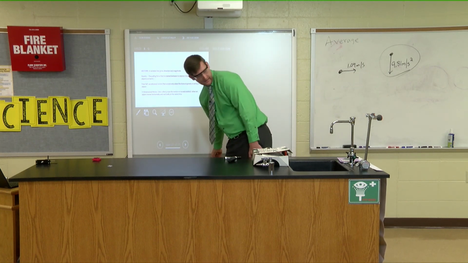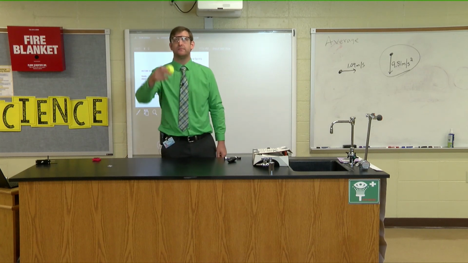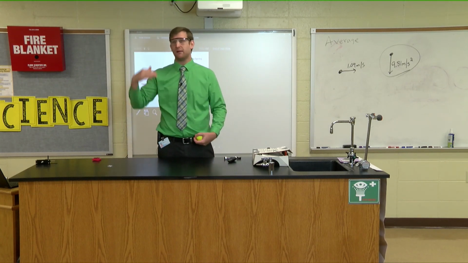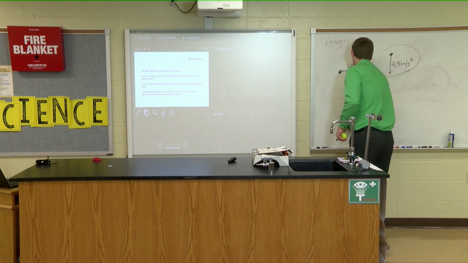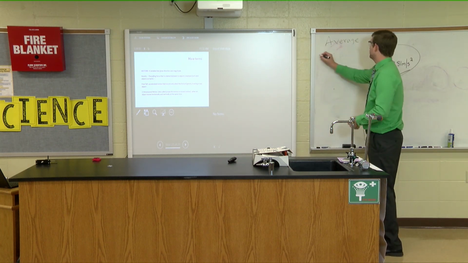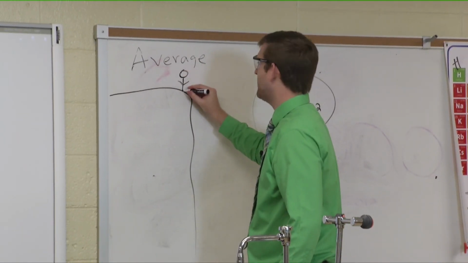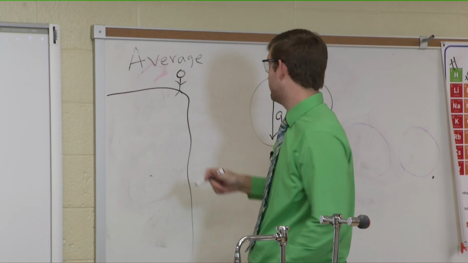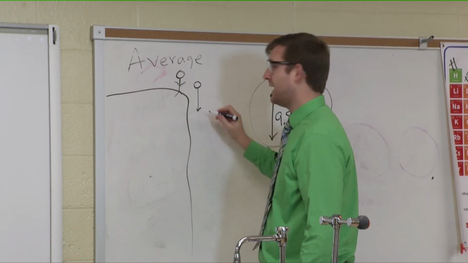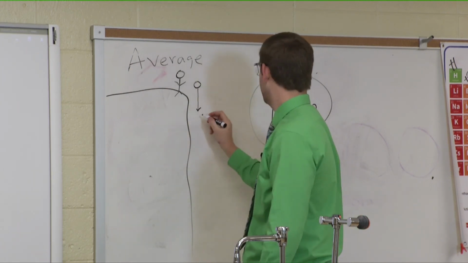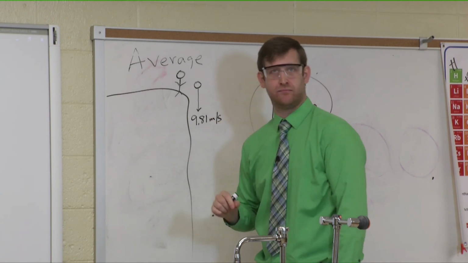So that means if I want to take, let's say, a tennis ball and drop it, but I'm climbing up to a cliff. Now don't get jealous of my mad, awesome artistic abilities, okay? I'm going to drop this ball straight down. After 1 second, it'll be traveling at 9.81 meters per second, okay?